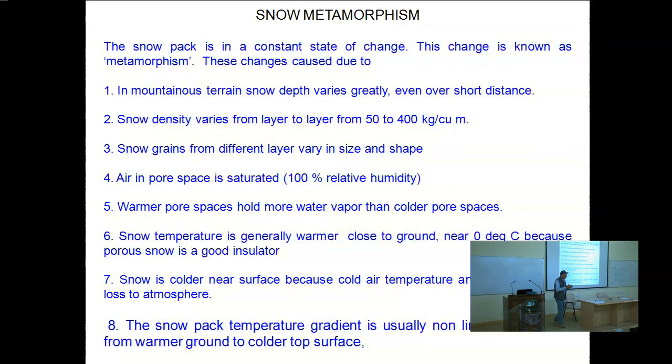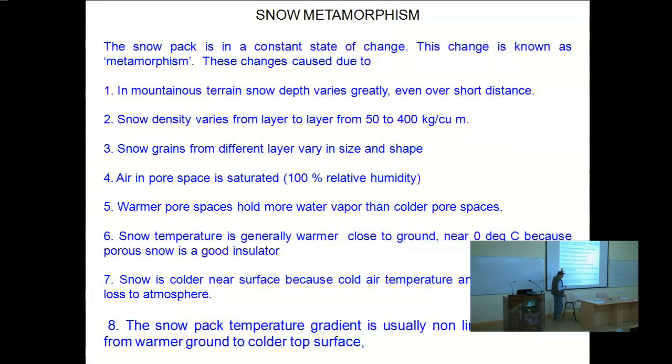There is a distinct relationship between vapor pressure and temperature, so warmer pore spaces hold more water vapor than colder pore spaces. I am sure many of you have had lectures that talked about the relationship between water vapor and temperature, so I will not elaborate more on this issue.